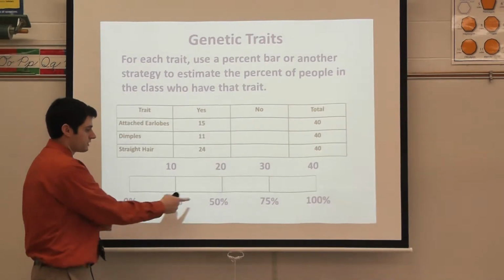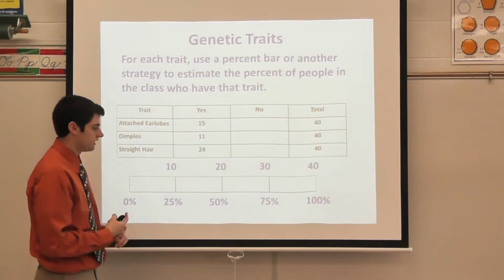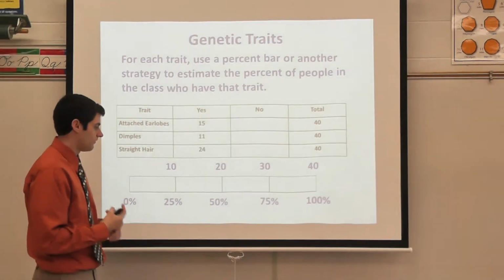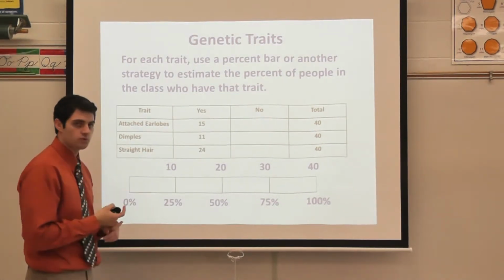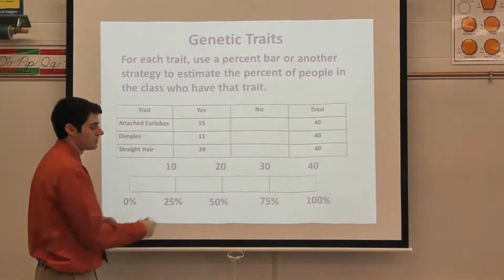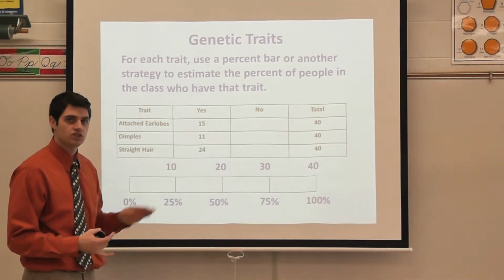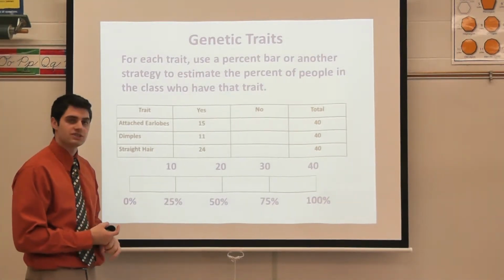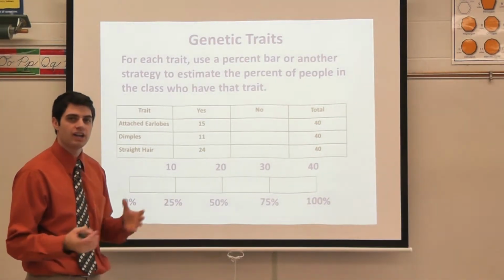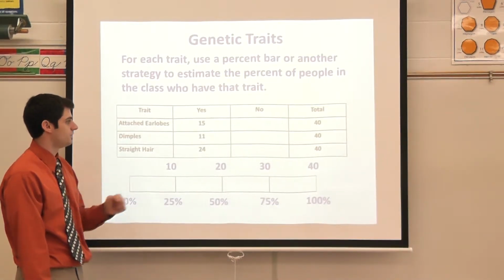If I was looking at the percent to estimate, I know that halfway between 25 and 50 is 12.5. I can round up 12.5 to 13. So it's about 38% of the students in the class have attached earlobes. I just took my fraction, placed it on my percent bar, and was able to find an estimation of the percent.